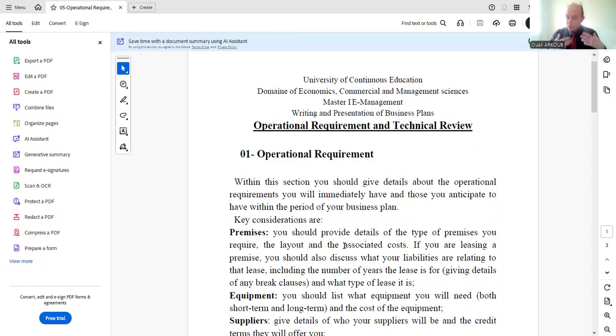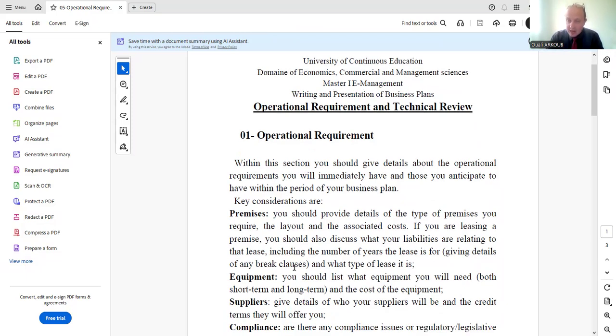Within this section, you should give details about the operation requirements you will immediately have and anticipate having within the period of your business plan. Key considerations: what are these requirements?